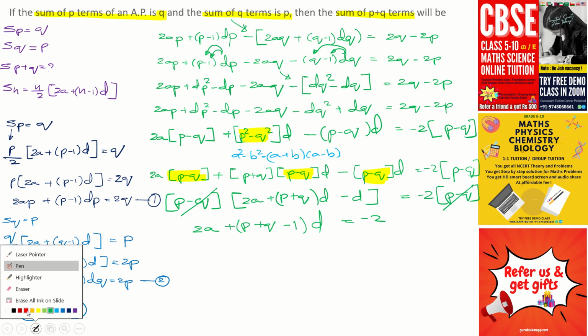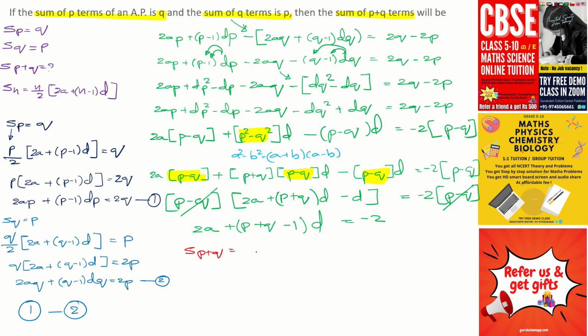Now going back to our question, the sum of p plus q terms will be written as n by 2, which is p plus q by 2 into 2a plus p plus q minus 1 into d, right?